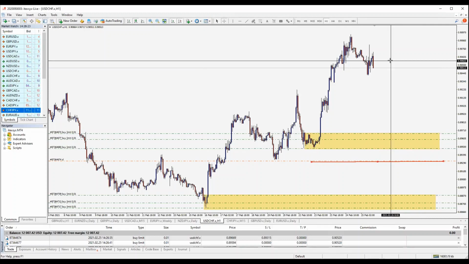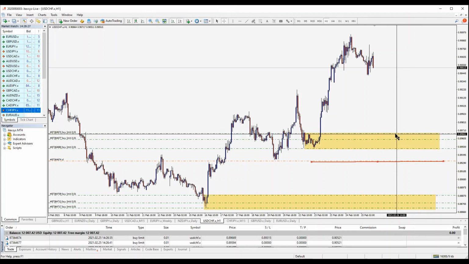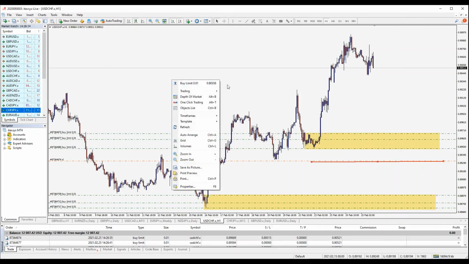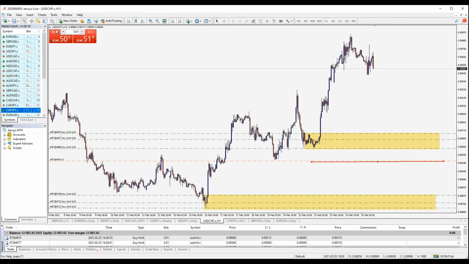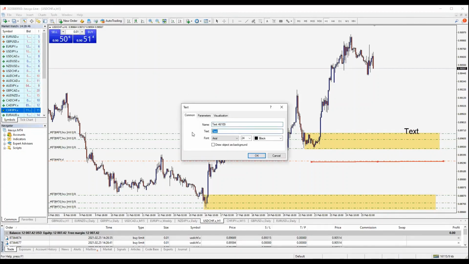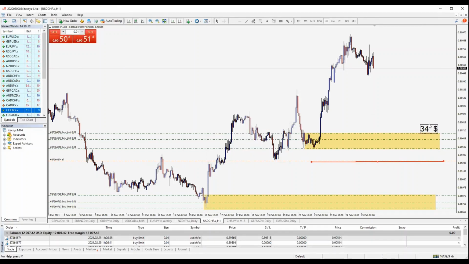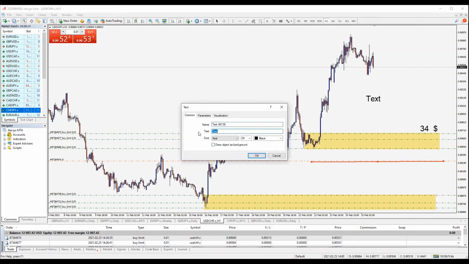So instead of placing here a buy limit risking the complete $100, I will place here, let me switch that, I'll just text it here. That first entry will be risking $34. That one right there. The second one will risk another 34.